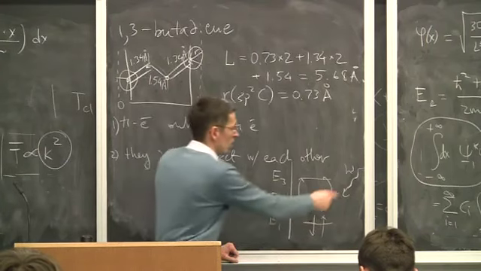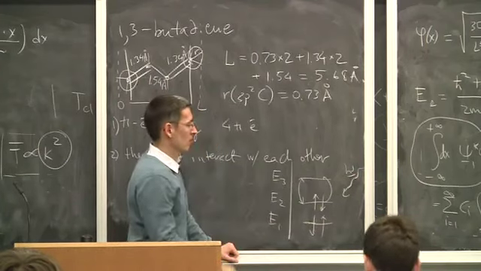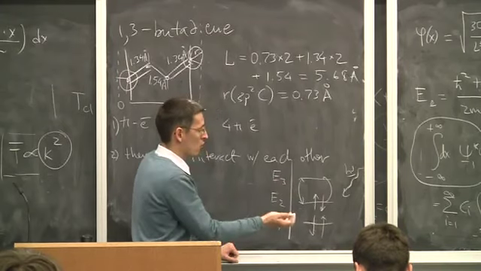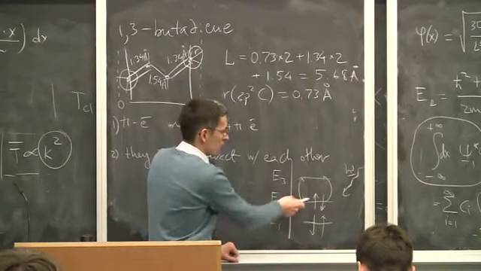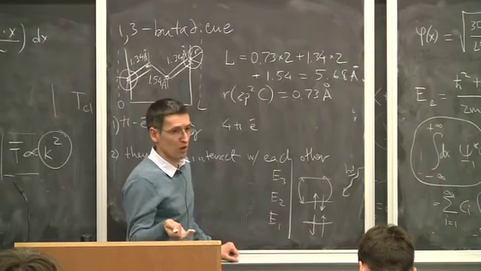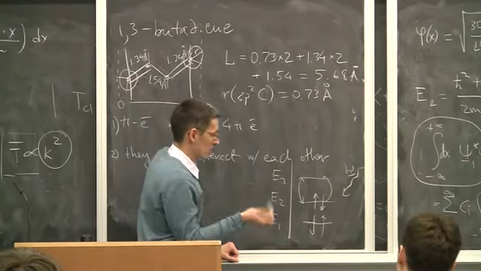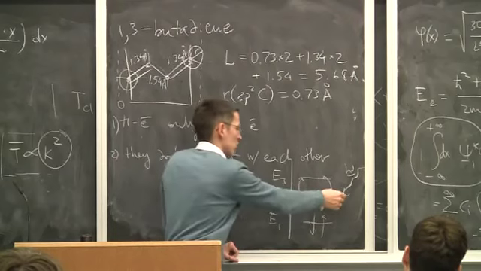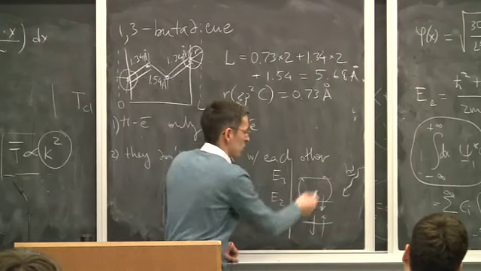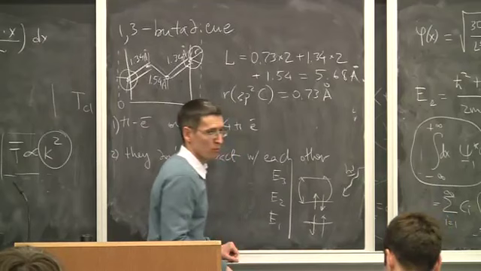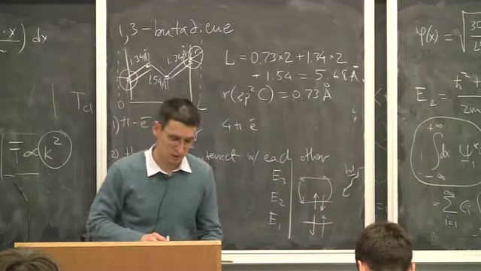So if you are interested in the frequency of light that is absorbed by a compound, then you need to calculate the energy difference between the highest occupied and lowest unoccupied orbital, because that's where the action is. That's where the light comes in and promotes an electron from the highest occupied to the lowest unoccupied. Okay?